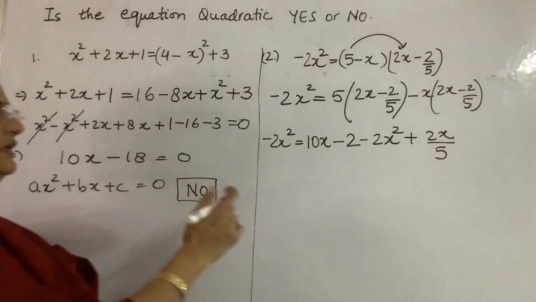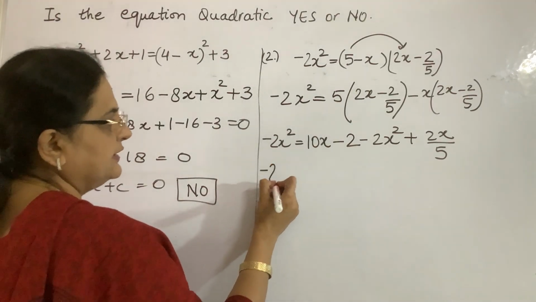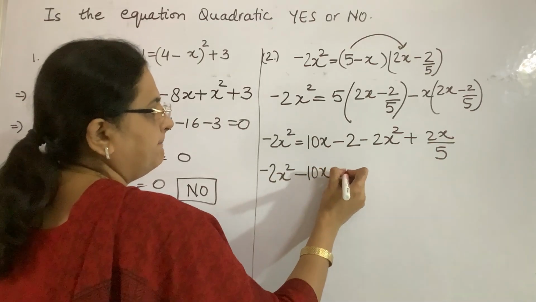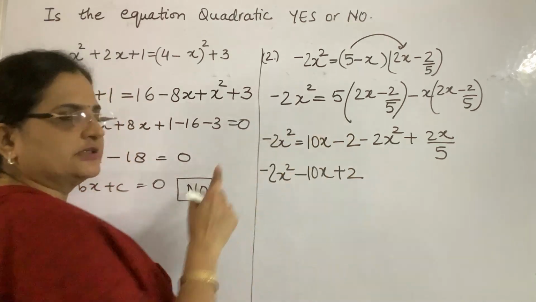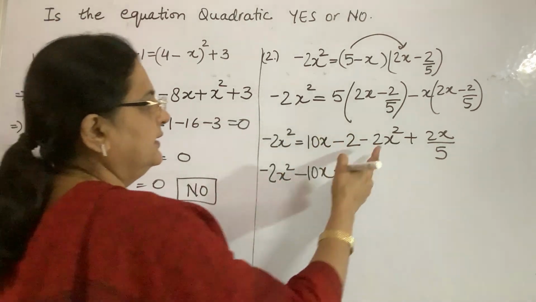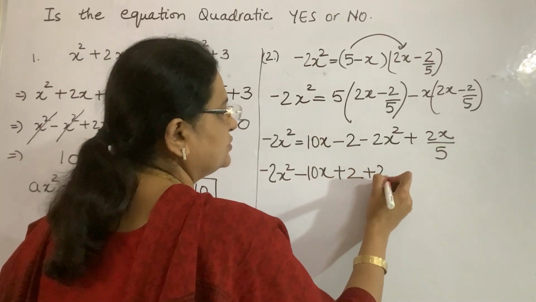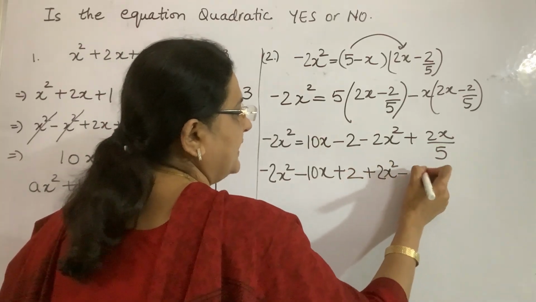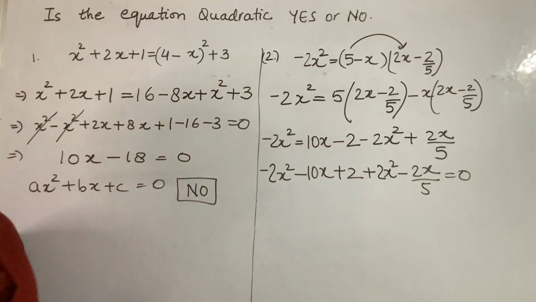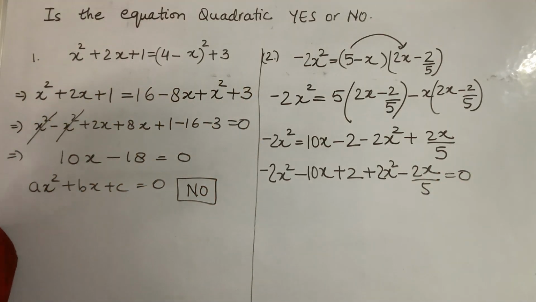Transpose all to the left hand side. So this is minus 2x square minus 10x plus 2. You know, as you transpose, the sign changes. Sign उल्टा हो जाता है. Then this becomes plus 2x square minus 2x upon 5 is equal to 0. Simplify.